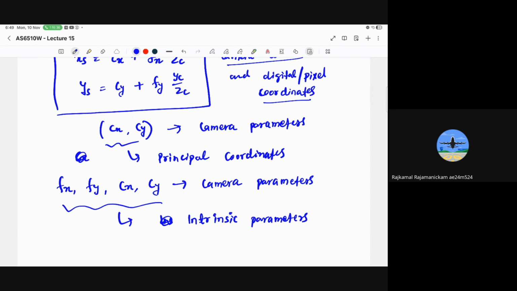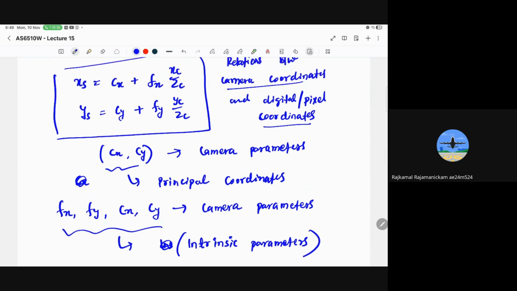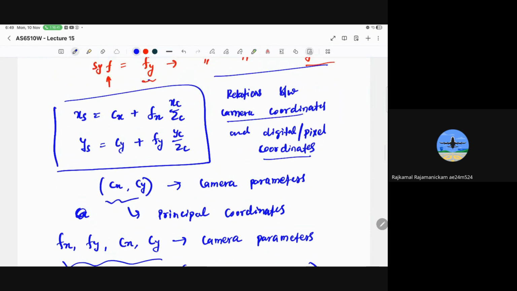With the help of these intrinsic parameters, you are able to relate the pixel coordinate in the digital image to the xc, yc and zc coordinates in the camera coordinate system.